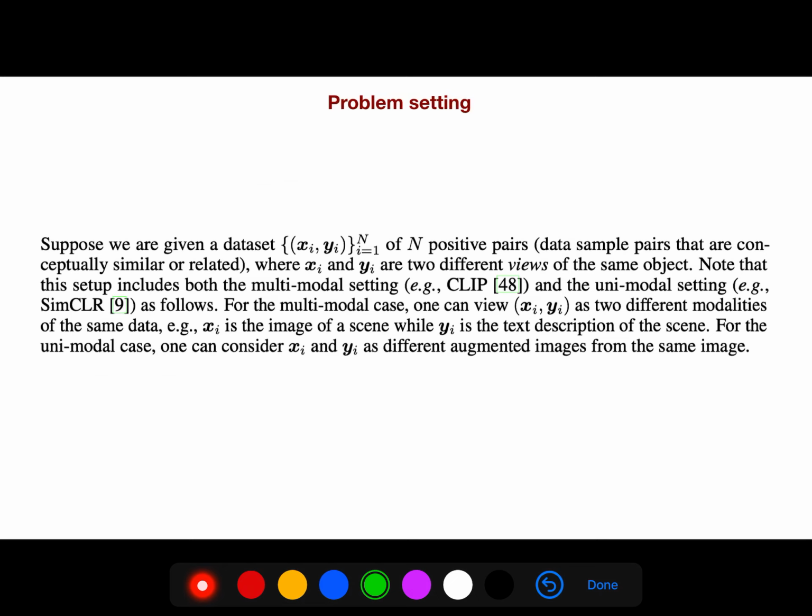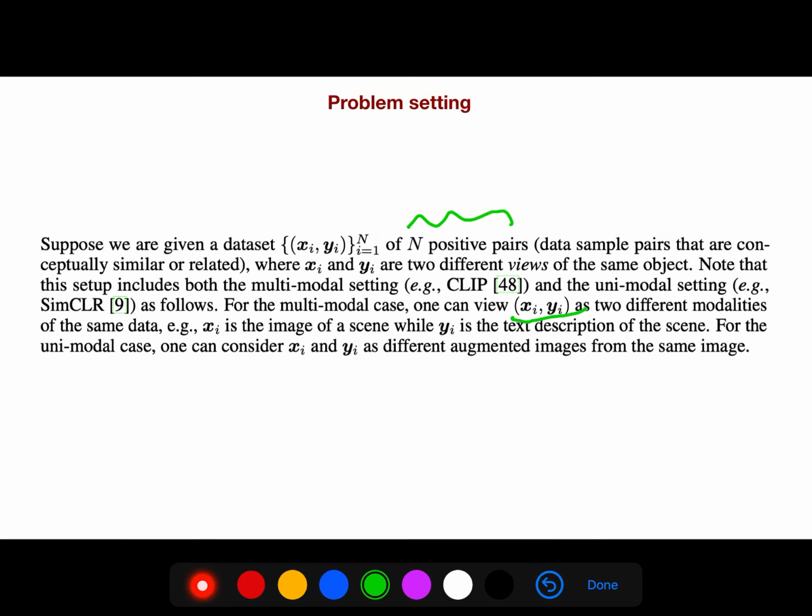So we are given a data set of n positive pairs where x_i and y_i are two different views of the same object. And for the multimodal case, we can view x_i and y_i as two different modalities of the same image.